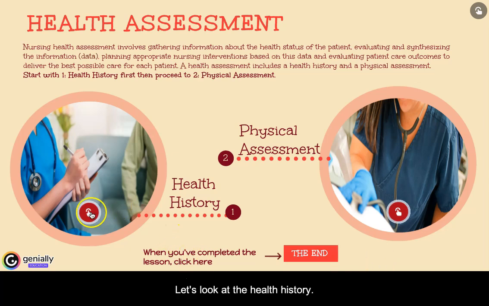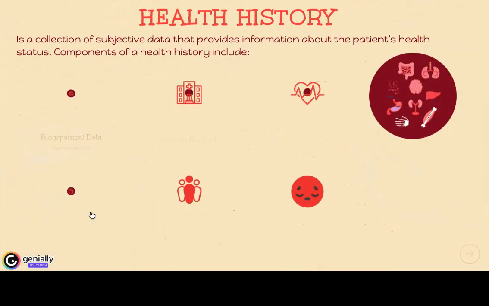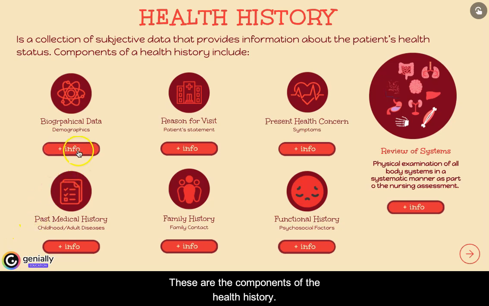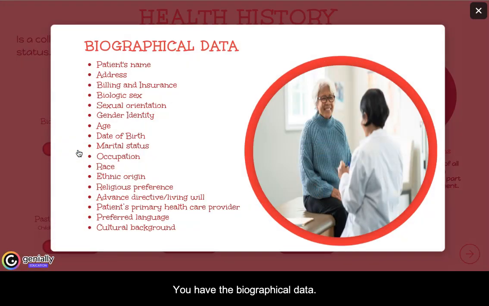Let's look at the health history. What is the health history? It's basically a collection of data, subjective and objective, that provides information about the patient's health status. These are the components of the health history. You have the biographical data.